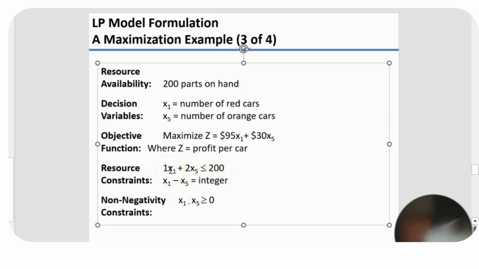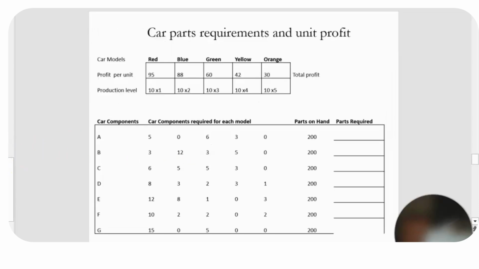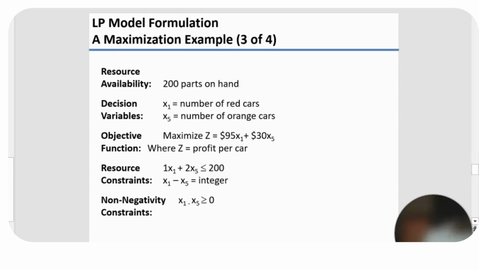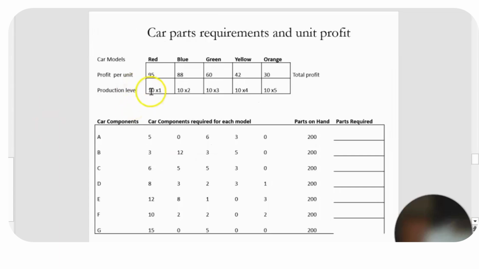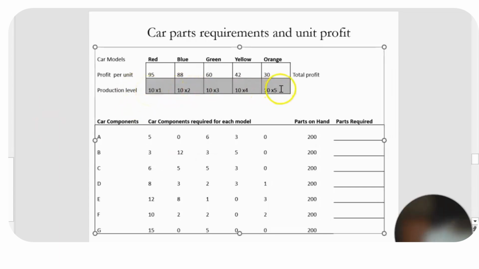Then when we look at resource constraint number 1, as in x1 times, for example, let me show you here. So this means x1 times the levels of production plus x5 times its levels of production, this times the car components.